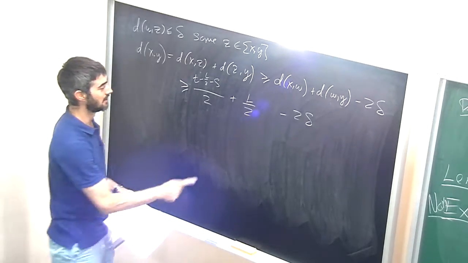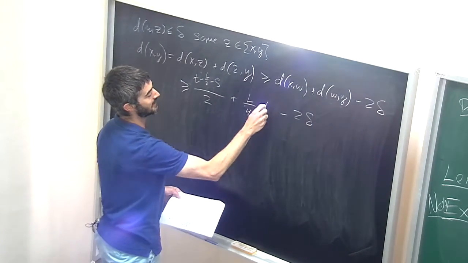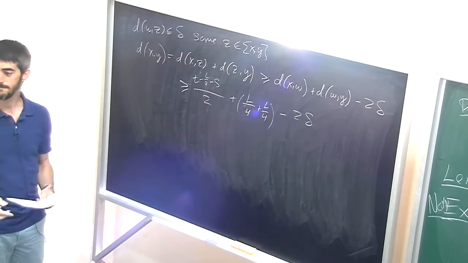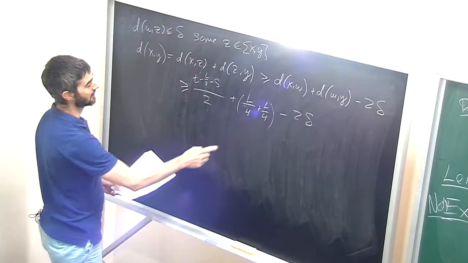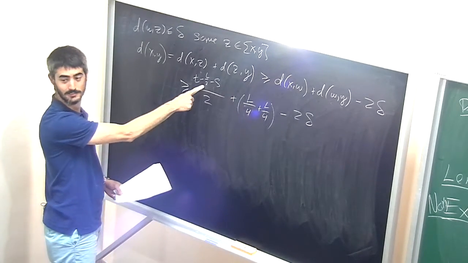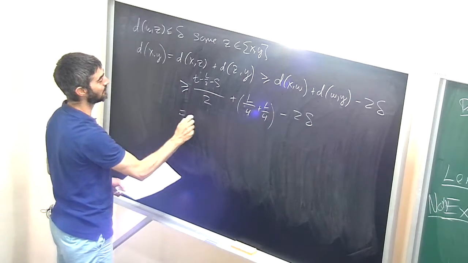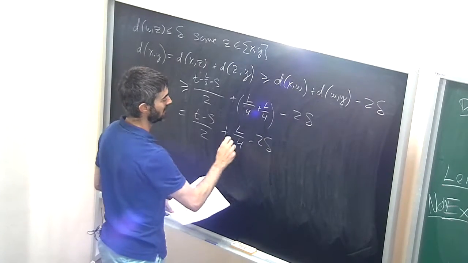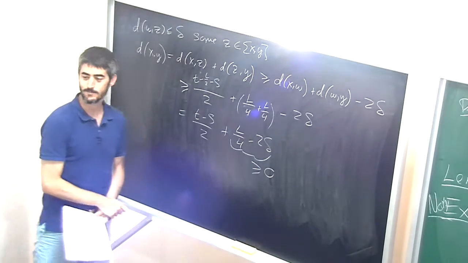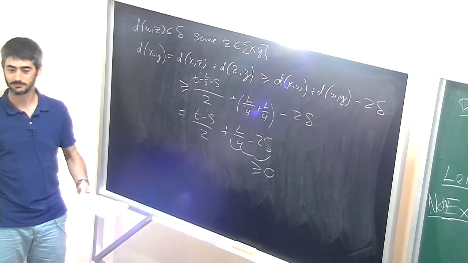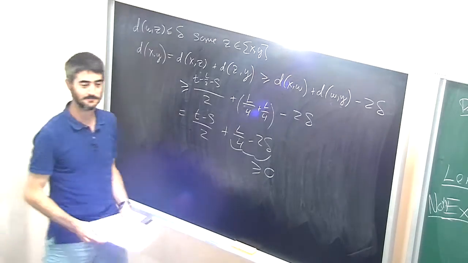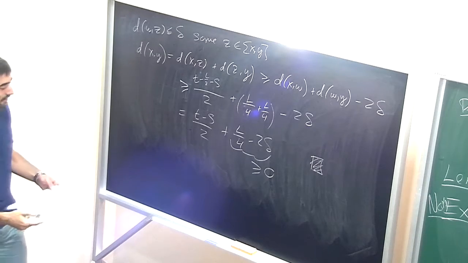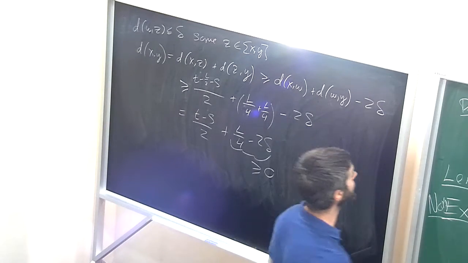Let me write L over 2 as L over 4 plus L over 4. Now this plus L over 4 kills that L over 4. So this is just equal to t minus s over 2 plus L over 4 minus 2 delta. This is a positive number, because L is bigger than 2 delta. So I did it. That's the induction. Very nice.